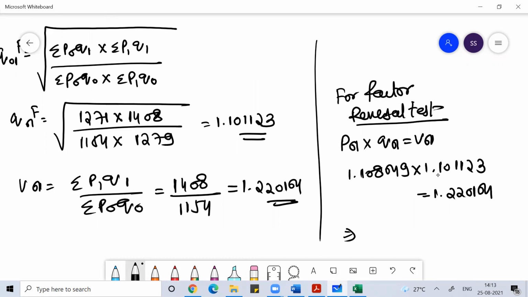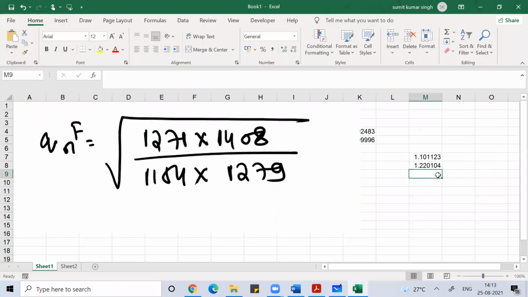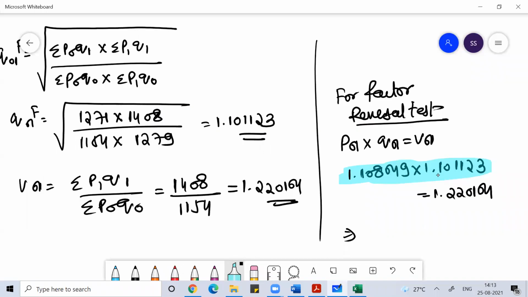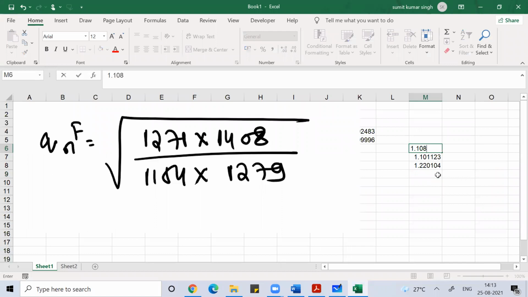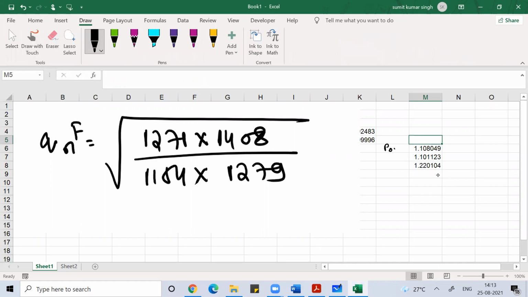Multiply them. This is P01, this is Q01, this is V01.